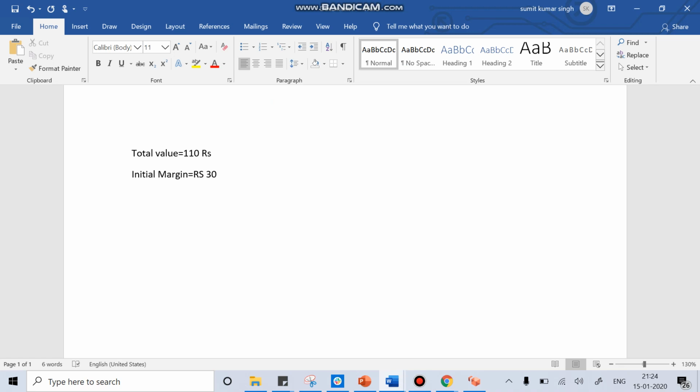Every day the exchange will look into the price of this underlying asset. The day we entered the contract, the price of potato was 10 rupees per kg, and we decided that we'll do the transaction after 3 months at 11 rupees per kg. Every day at the end of the trading hour, the exchange will see the price of potato.